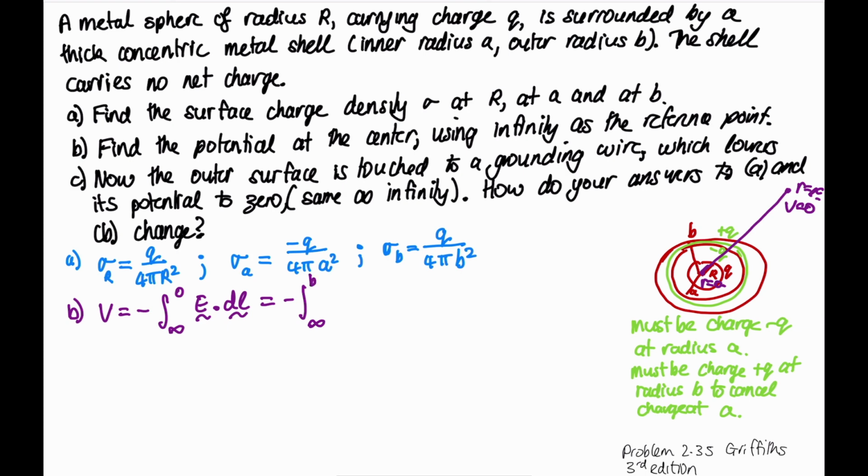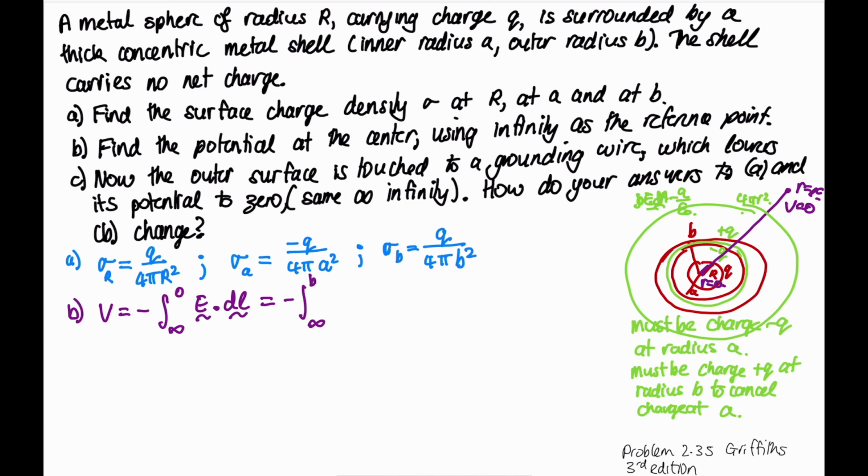And then we need to think about what the electric field is going to be in this region here. So to do that, let's consider this Gaussian surface like this. Because it's got a charge plus q and minus q there, those cancel out and we've just got charge q there. So we know that E dot dA here is equal to q over epsilon naught, and the surface area here is given by 4 pi r squared.